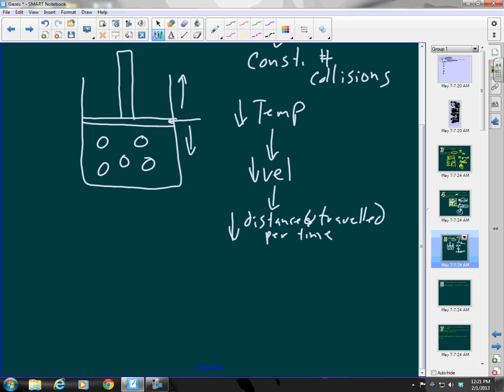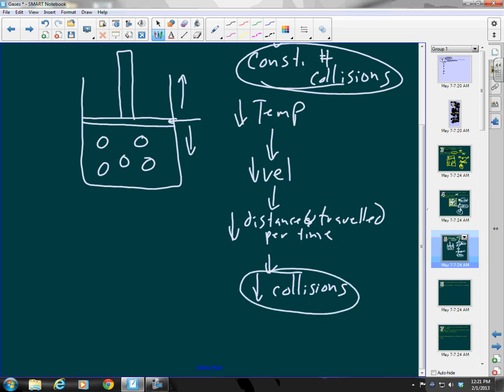And if there's less distance and my volume's the same, then I would have fewer collisions. Okay. But we want to keep my collisions constant.